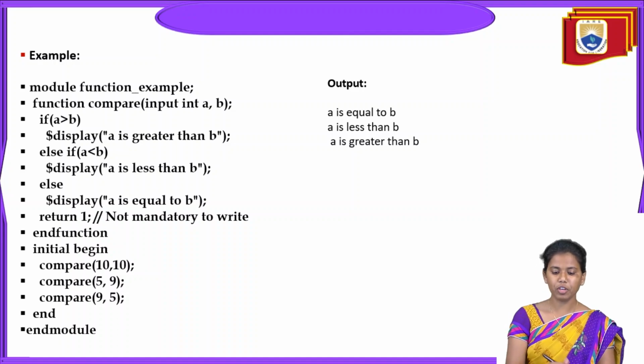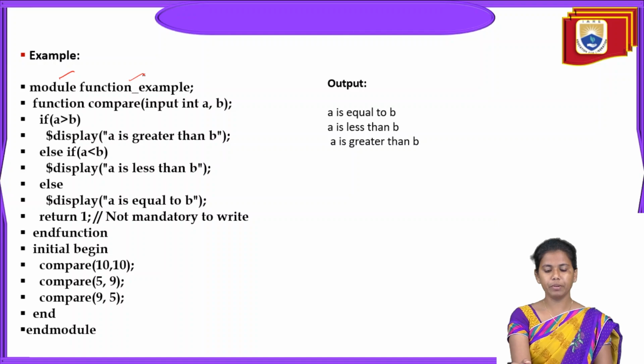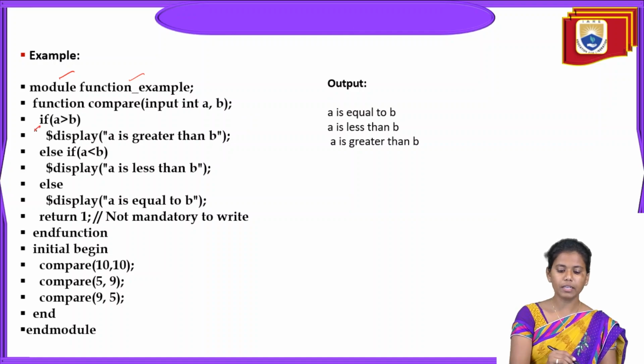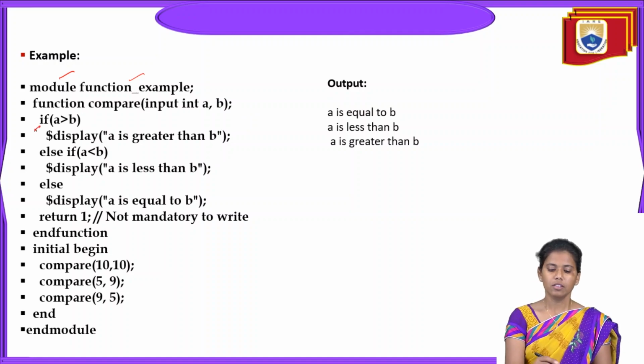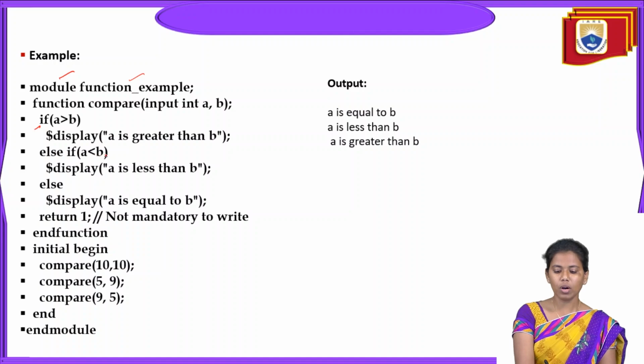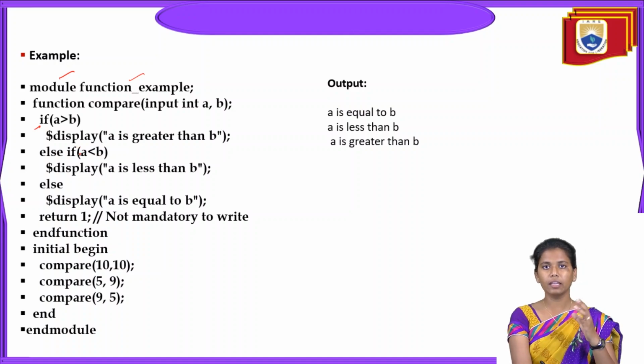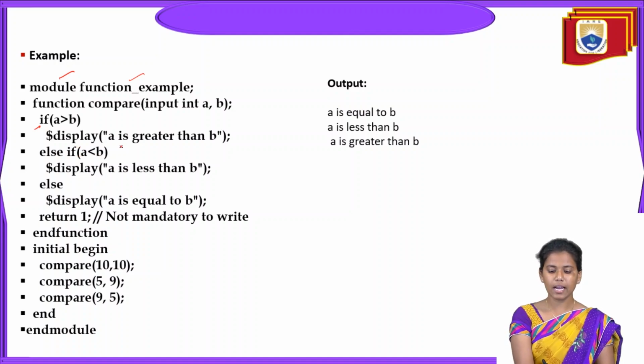In the example, if you observe, module, keyword function, example. So function compare with inputs A and B, and I'm considering the if case, right? So if A is greater than B, it says A is greater than B. This is what we will get in the display.